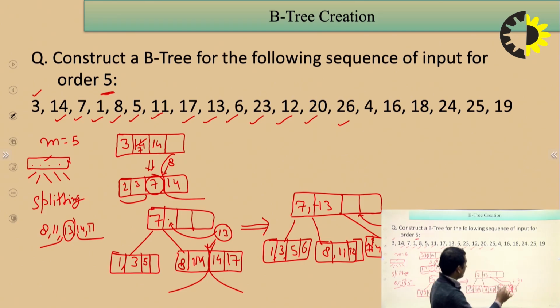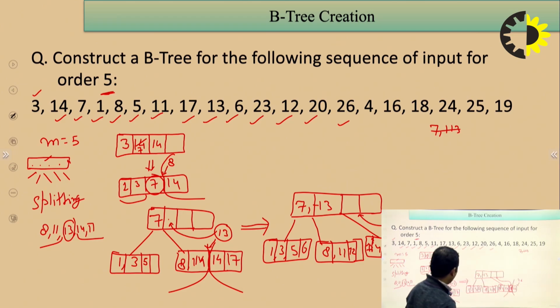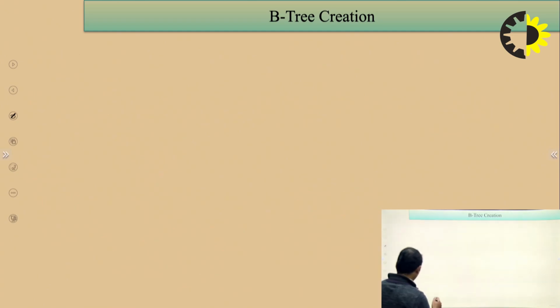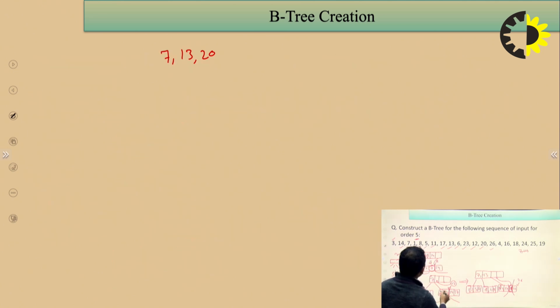Now our new tree is 7, 13, 20. Then here 1, 3, 5, 6.